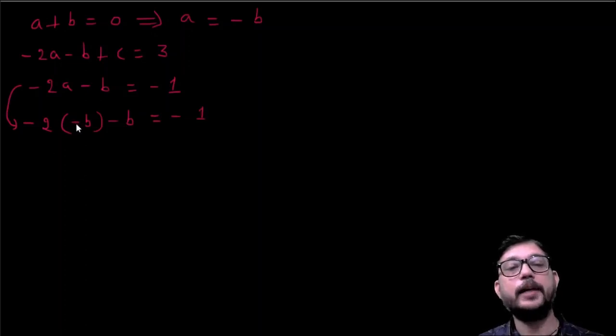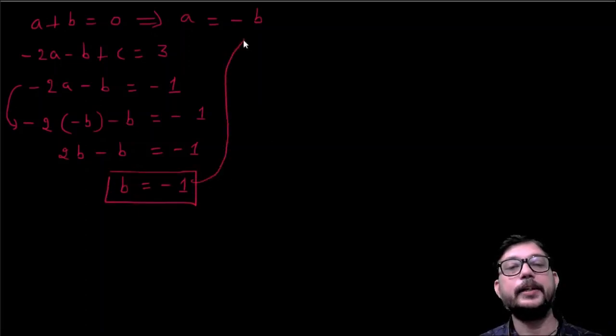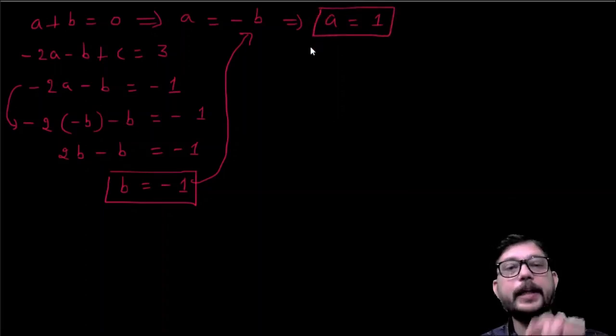Minus and minus will be plus, so 2b minus b will be minus 1, which means b equals minus 1. When we place the value of b here, we get the value of a, that is plus 1. So we have calculated the values of a and b.